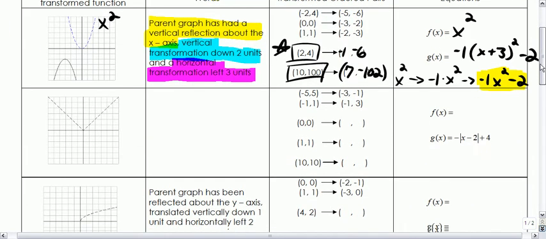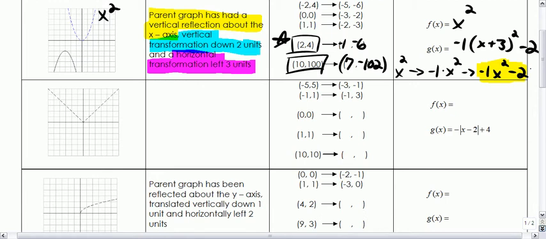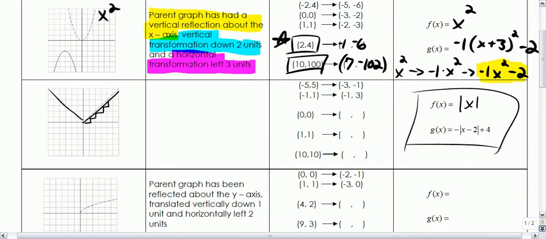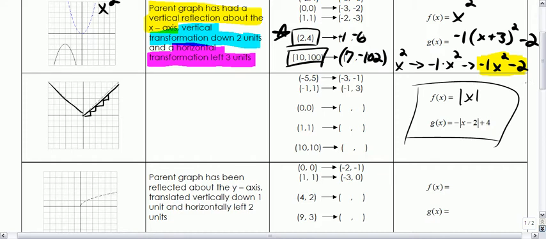Next problem. The parent function, as I look at the graph over here to the left, the slope of this line is 1, rise over 1, up 1 over 1. So I'm looking at absolute value of x. If I look at g of x and examine the transformations done to produce g of x, we'll make some more room here.